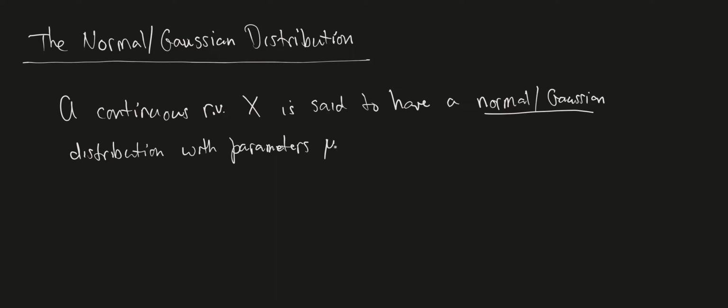And it's going to be interesting that we're using the parameters mu and sigma, right? There's a reason why we're using the same symbols that we use to represent the mean and the standard deviation.